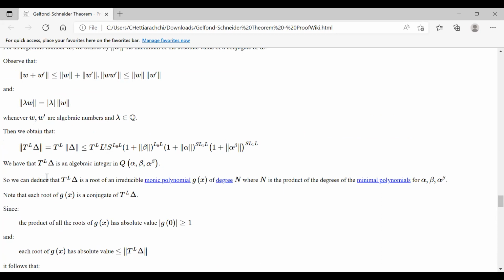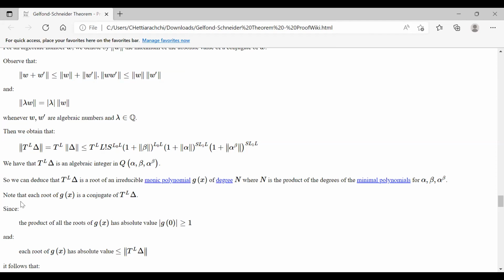We have that T to the L delta is an algebraic integer in Q(alpha, beta, alpha to the beta). And we can deduce that, remember, this is by definition of an algebraic integer, then we can say that T to the L delta is a root of an irreducible monic polynomial g of x of degree n, where n is the product of the degrees of the minimal polynomials for alpha, beta, and alpha to the beta.